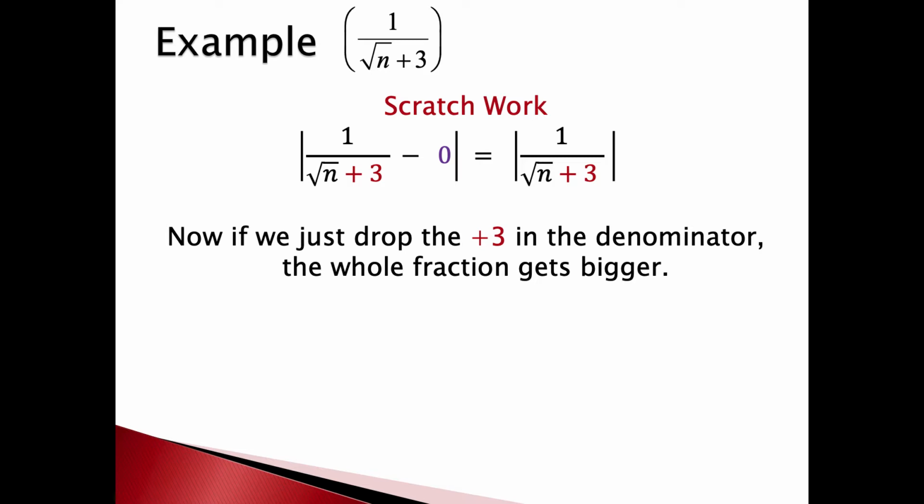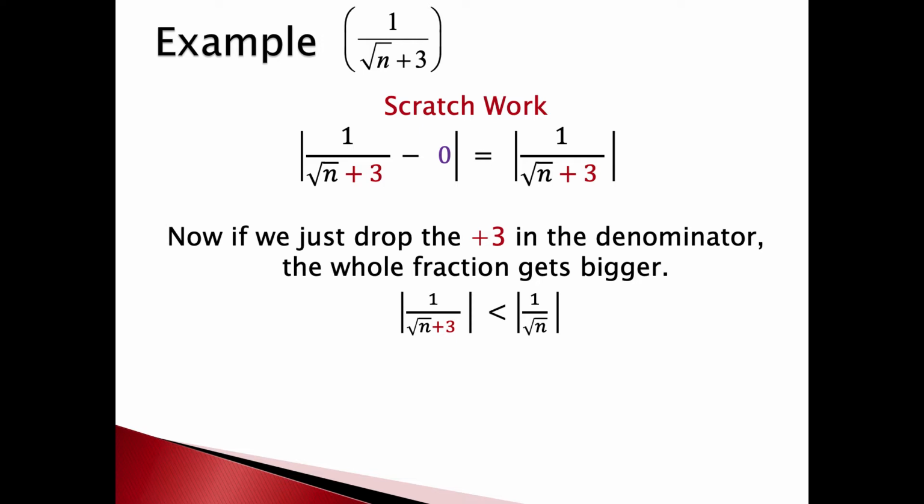So how do I fix this? I ignore the plus 3. Because if I'm not adding 3 in the denominator, then of course just the square root of n by itself would be 3 less than it would be if I had added the plus 3. So getting rid of the 3 made the denominator smaller, which makes the entire fraction bigger.